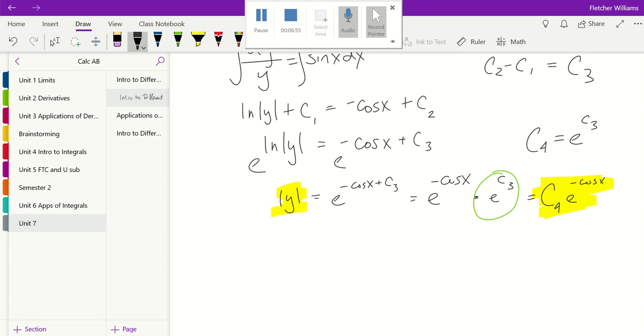So when solving an absolute value, you can just say y equals plus or minus C4 e to the minus cosine x. Because if it's positive, the absolute value of that is still positive. And if it's negative, the absolute value is still positive. So either one will be fine.